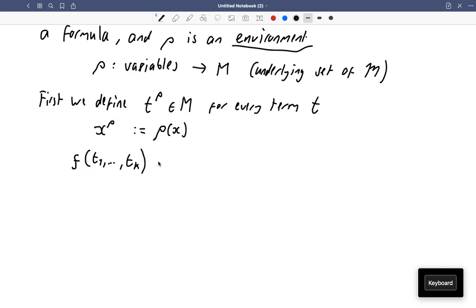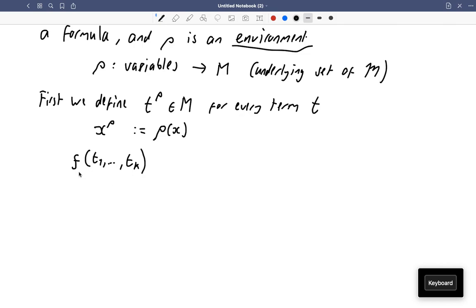In this case, these were terms we already had given to us, so we can assume we've already got values for those, that's t1 superscript M through to tk superscript M. We've got the right number of arguments here, and so we've got k elements of the underlying set, given by interpreting these terms in the structure.